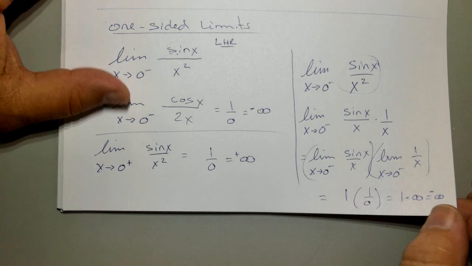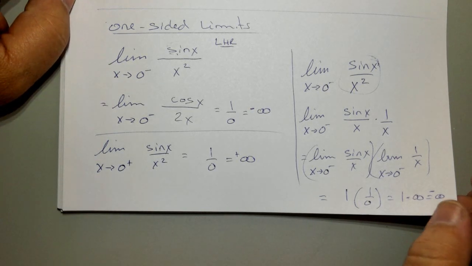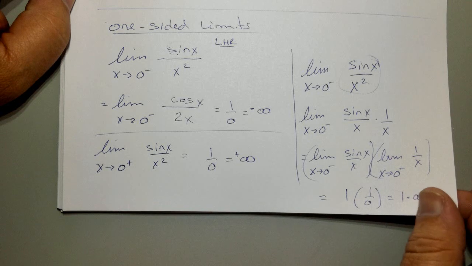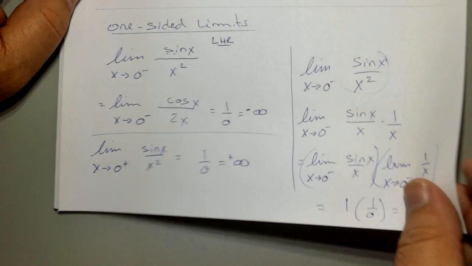Okay, so those examples were all 0 over 0s. We'll go to the other end of the universe and go to infinity over infinity.